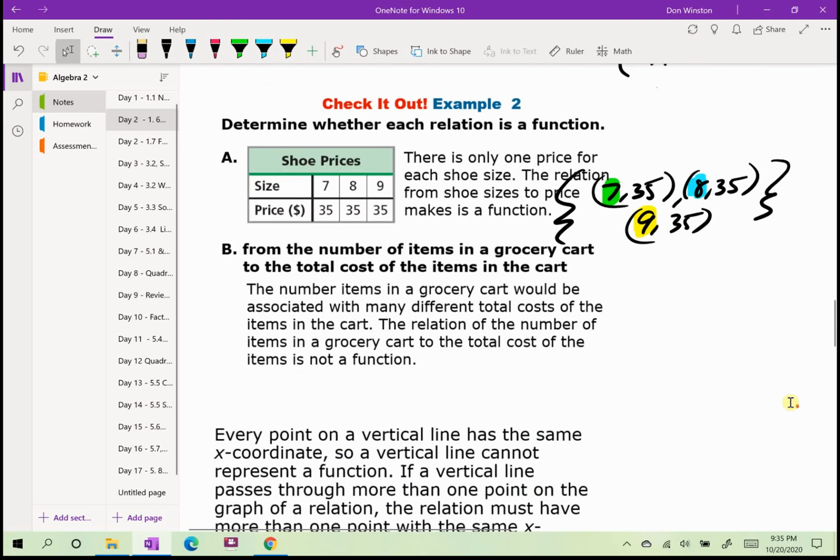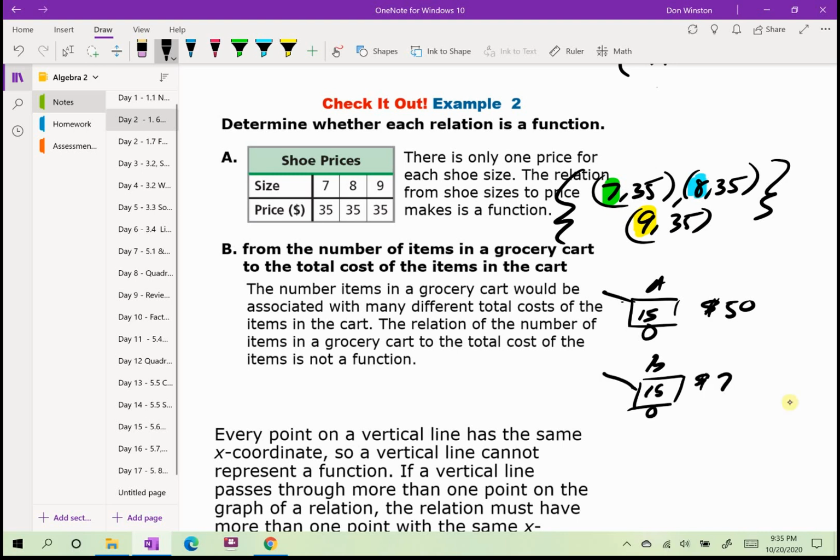From items in a grocery cart to the total cost of the items in the cart. Well, let's say here, customer A has 15 items in their grocery cart, and it costs, say, $50. And then customer B also has 15 items in their grocery cart, and it costs, let's say, $75.